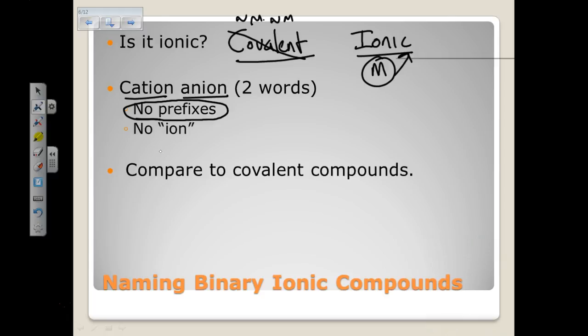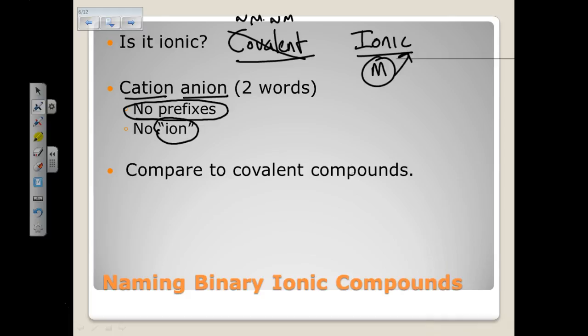And then we're also not going to use the word ion when we name them. Sometimes people will be like, sodium ion, chloride ion. No, it's just sodium chloride. So don't use that.